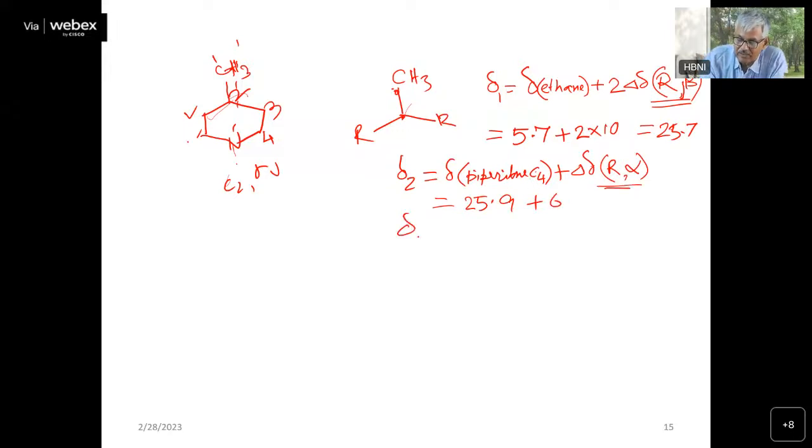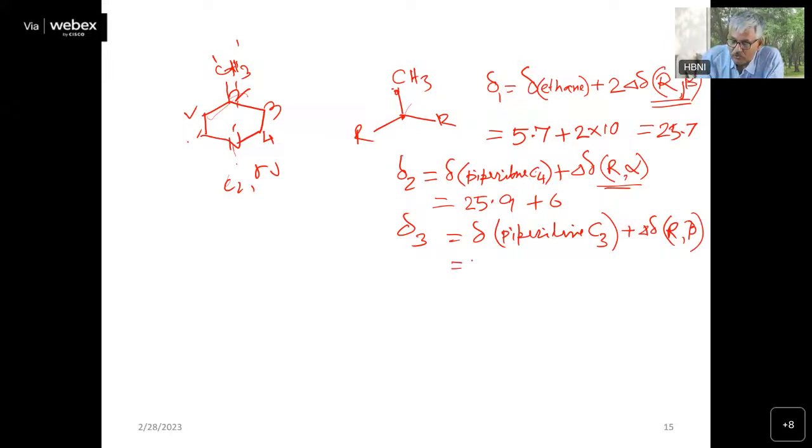Okay, so now similarly delta 3 now will be delta of piperidine C3, the way I have marked here, plus delta of R. Now R is in beta position. The methyl is in beta position. You see, with respect to this, now it is in the beta position.